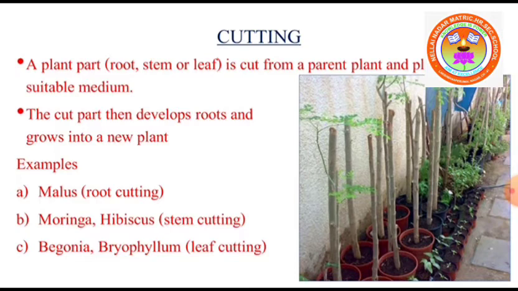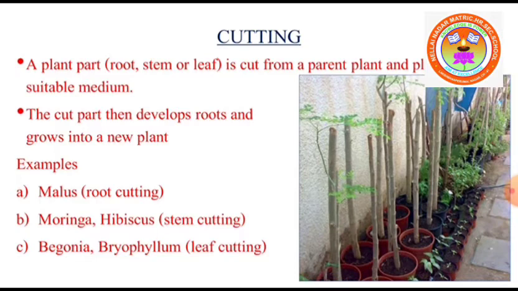I'm repeating, it is the method of producing a new plant by cutting plant parts such as stem, root and leaf from the parent plant. The cut part is placed in a suitable medium for growth.